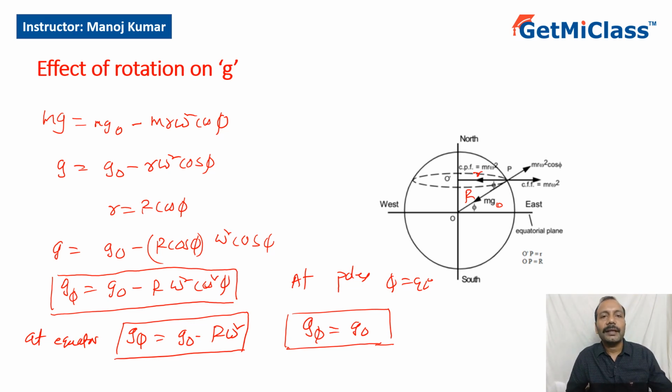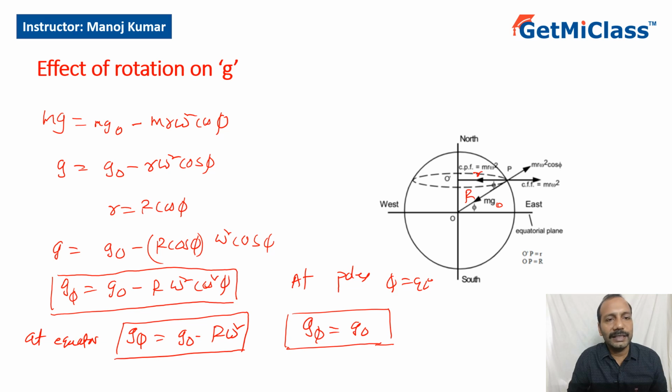Now let's have a quick review of what all things we have done. We have seen what is Newton's law of gravitation, that is, gravitational force between two masses is directly proportional to the product of the masses and inversely proportional to the square of the separation between their centers, and it acts along the line joining them. Then we saw what is acceleration due to gravity.